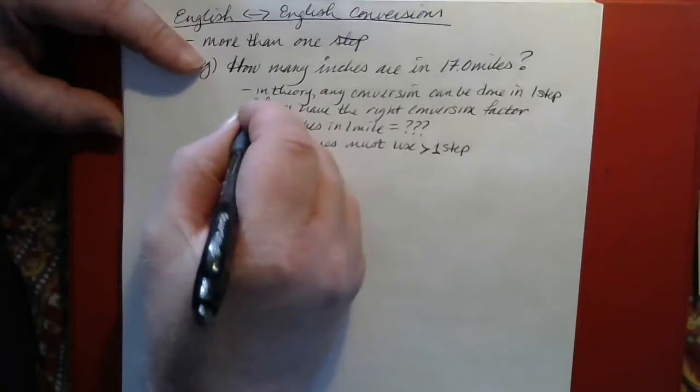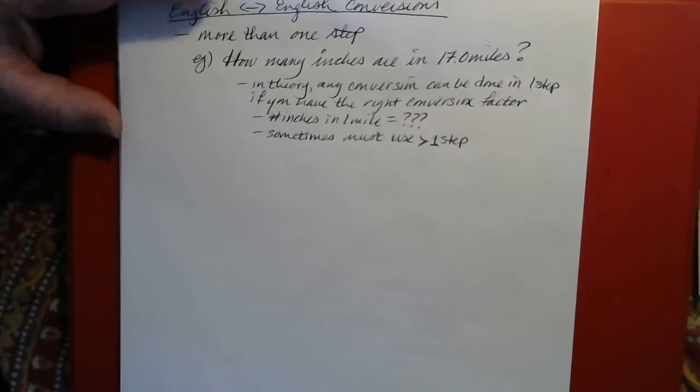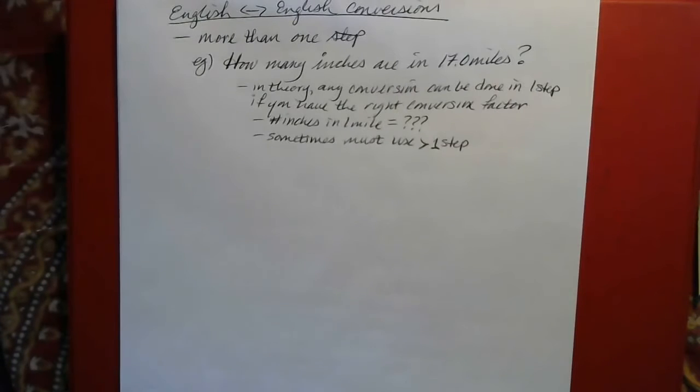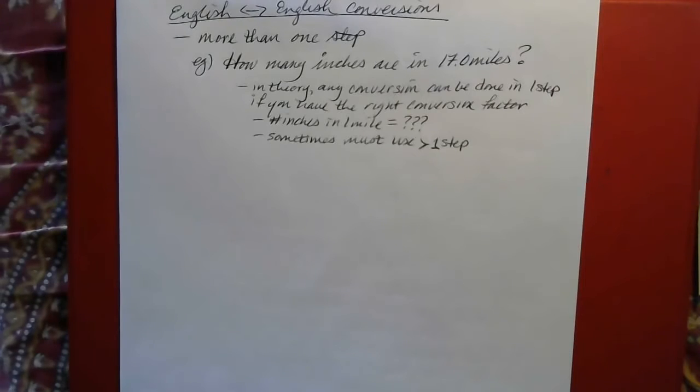Also, even when using one step, for any given conversion there's probably a more or less infinite number of ways that you could perform that conversion and still get the correct answer. So for any conversion, there's really no one way to obtain the correct answer.